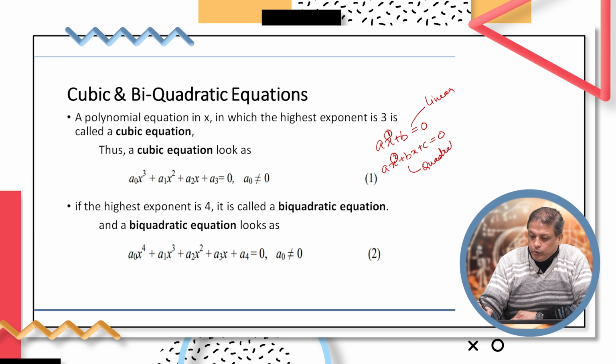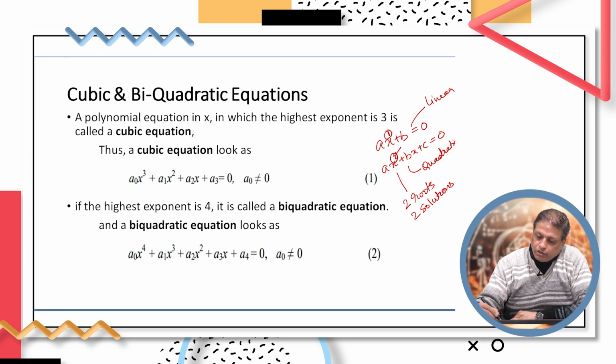And a quadratic equation is supposed to have two roots, that means two solutions, because the maximum power of variable x is 2. Over here there is only a single solution because the maximum power of x is 1. This is to let you understand how roots and the exponential power of the equation are related.